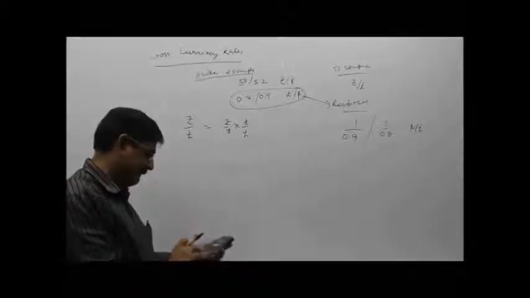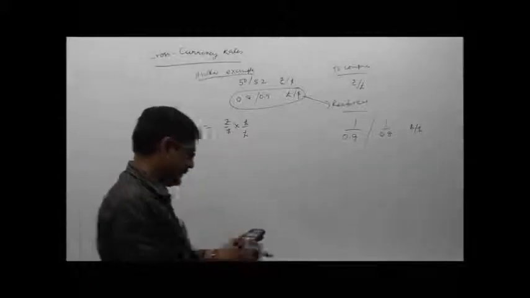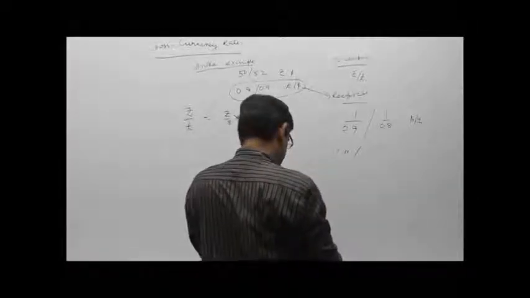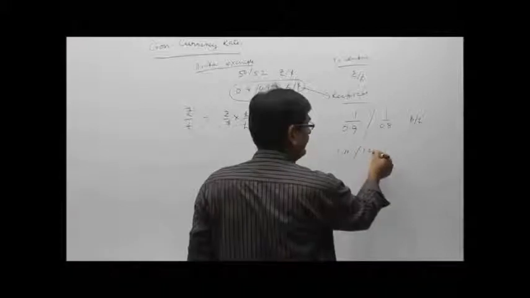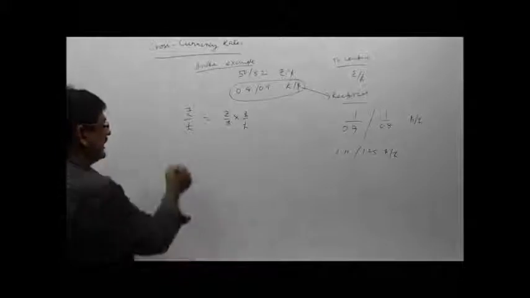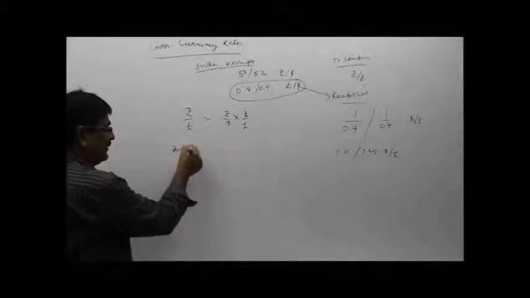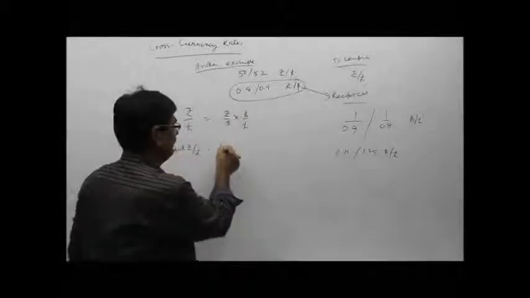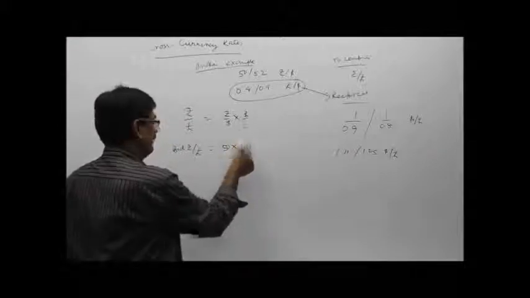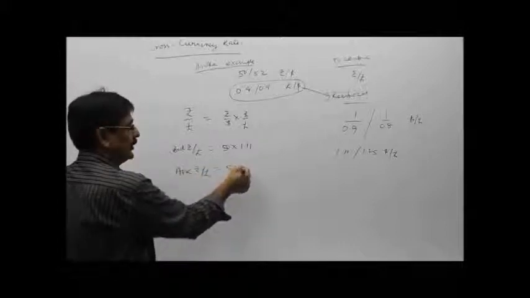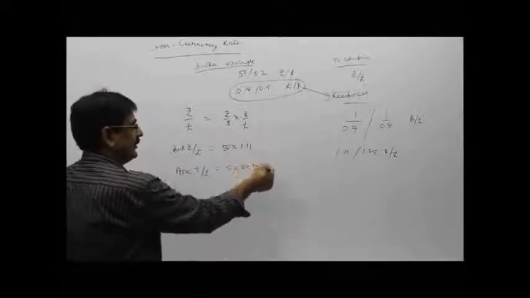So directly we can say 1 upon 0.9 is 1.11, and 1 upon 0.8 is 1.25 dollar per pound. And now you can make your quote easily. You can directly say the bid for rupee per pound will be rupee per dollar bid, that is 50, into 1.11, and ask rupee per pound will be 52 into 1.25.